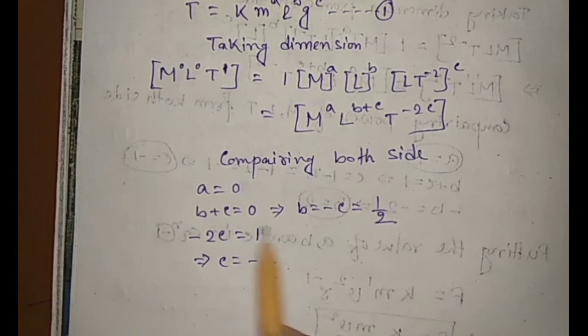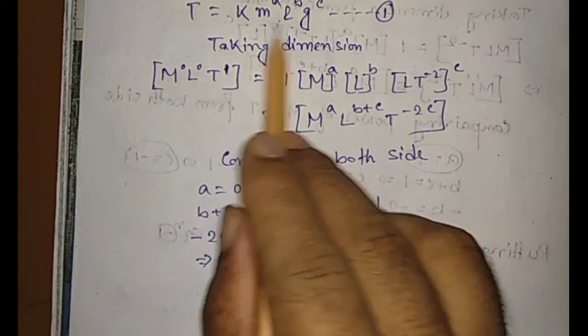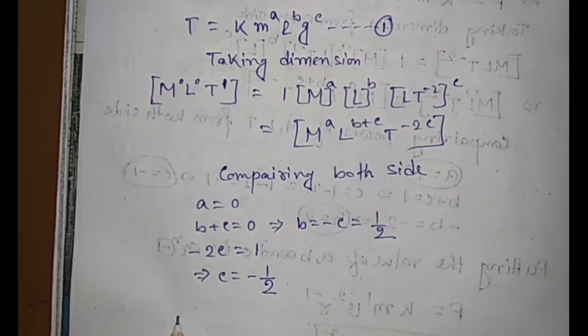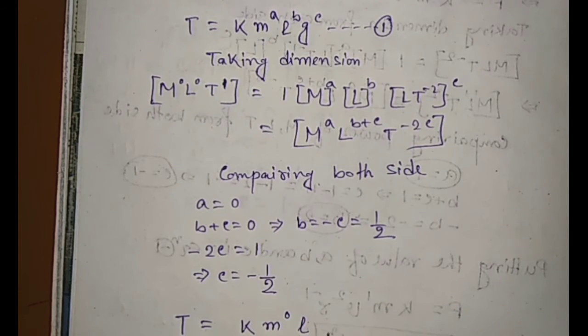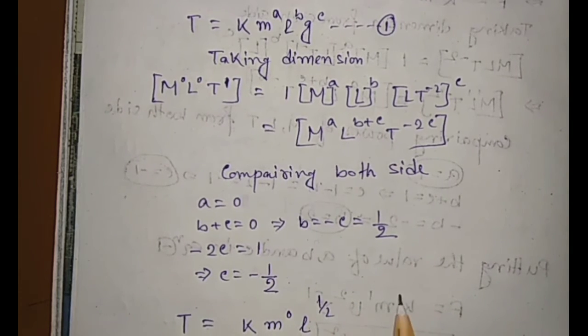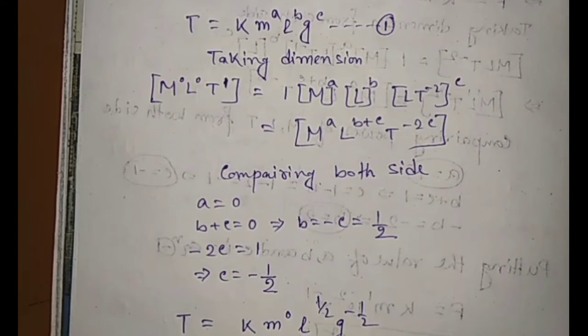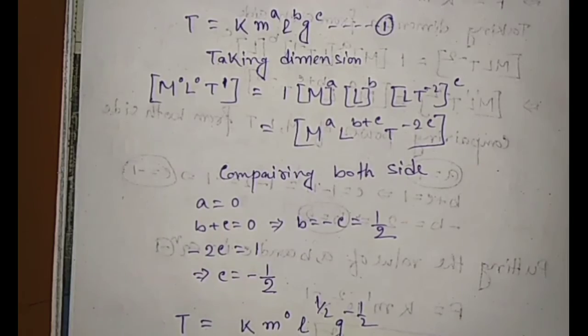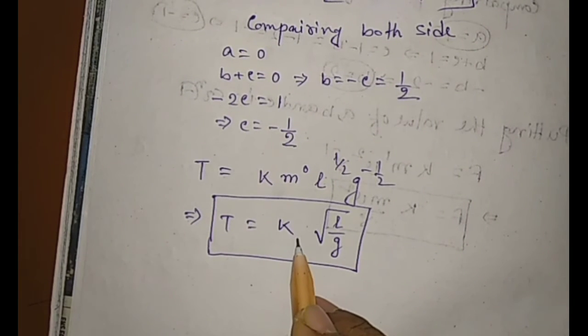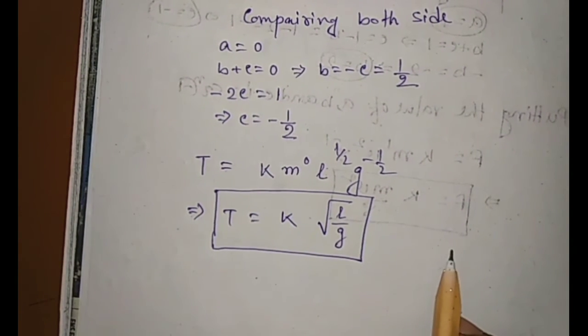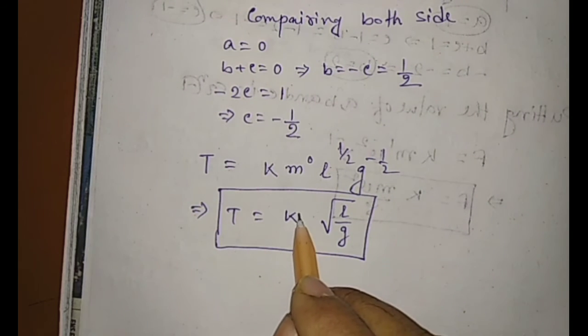Okay, now putting the values of a, b and c in equation 1, we get T equals k m to the power 0, L to the power half, and g to the power minus half, or T equals k root over L by g. So the time period of a simple pendulum does not depend on the mass of the bob. Okay, so here a constant k also remains.